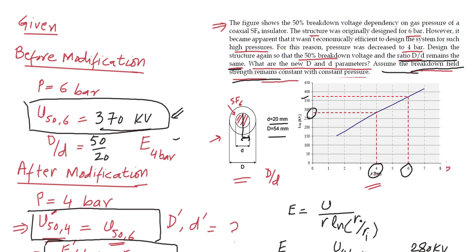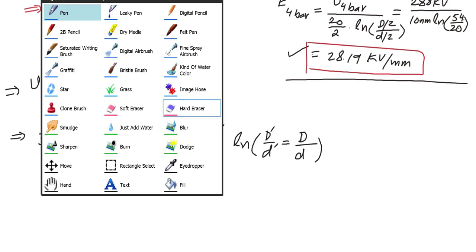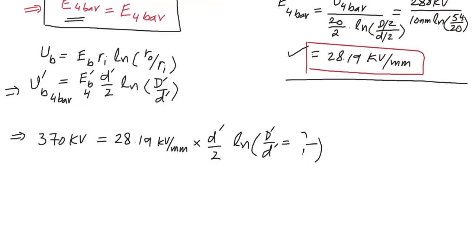That means the ratio of capital D bar to small d bar will be the same as before the modification. So we can simply write the ratio we had before the modification.